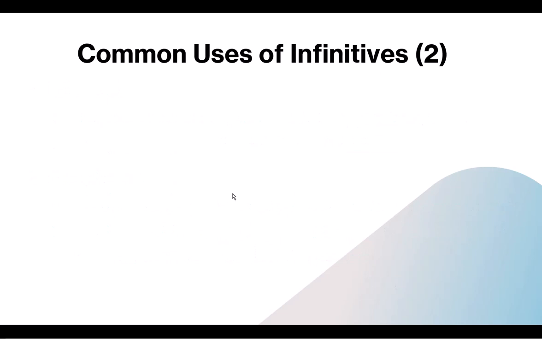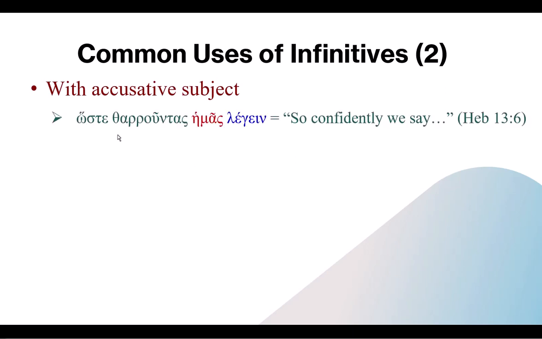Here are some other uses of the infinitive. Sometimes the infinitive acts like a finite verb and it has an accusative subject. So here's an example from Hebrews 13:6. Hōste tharrountas hēmas legein. Tharrountas is a participle meaning boldly or confidently. Hōste, so that, literally so that confidently, us saying.